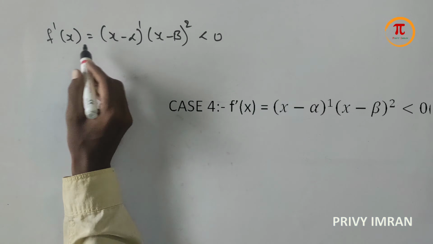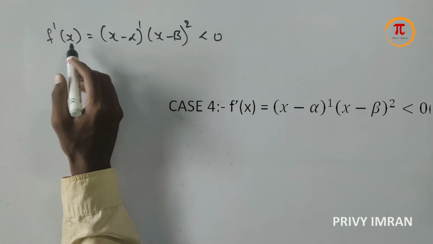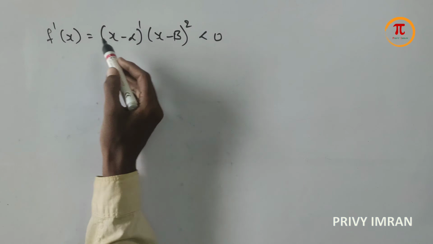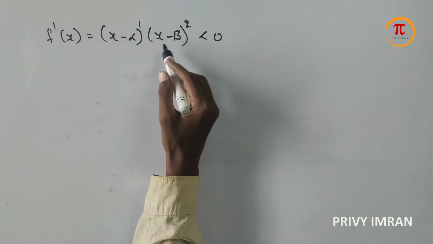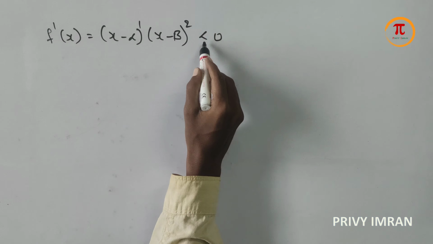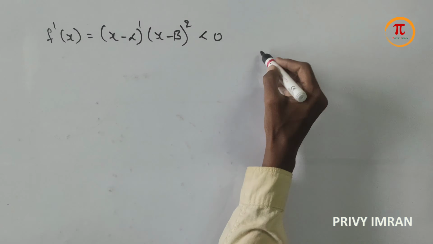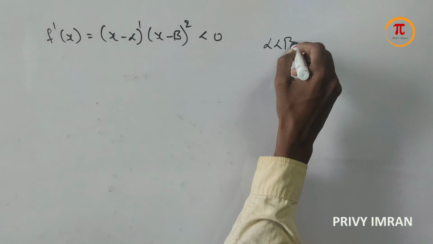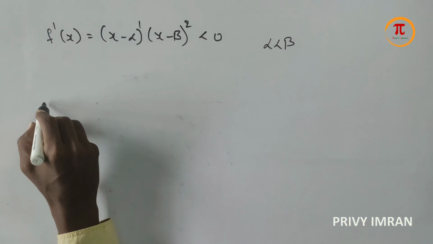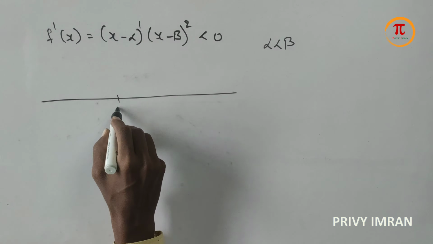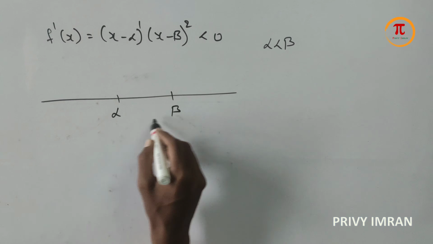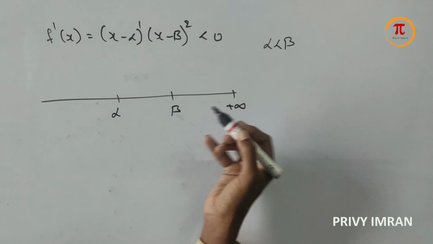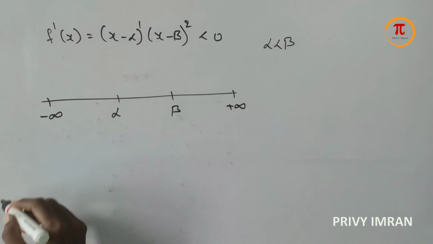Here, let me consider the fourth case in the wavy curve method. f dash of x equal to (x minus alpha) whole power 1 into (x minus beta) whole square is less than 0. Always alpha is less than beta. Let me consider this condition. Now, on the number line, let me write in increasing order alpha and beta. Here it is plus infinity and minus infinity.